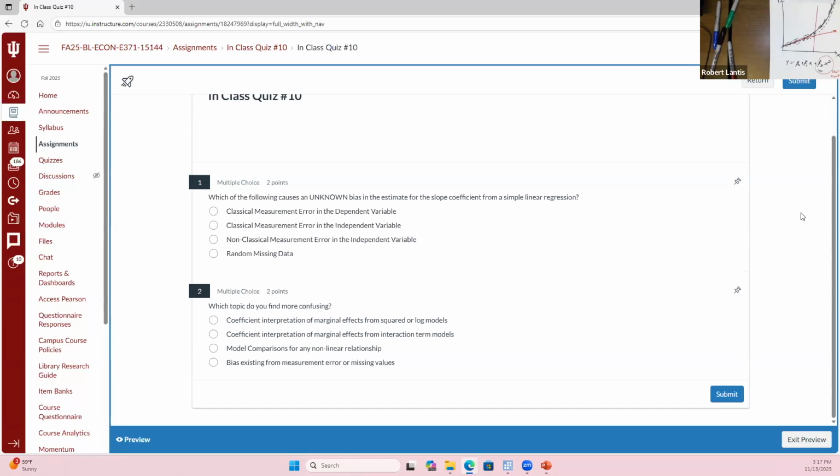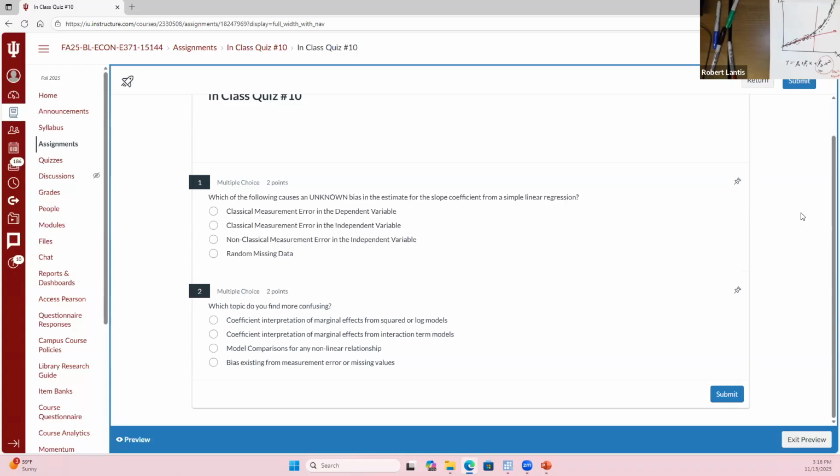Caused our estimate to be smaller. If I multiply something by a fraction that's less than 1, it's going to be smaller, right? So we had attenuation bias towards the value of 0. So classical measurement error in our independent variable caused not an unknown bias. We know the bias: it pushes the estimate down closer to 0. It won't push it past 0, it just gets it closer to 0.